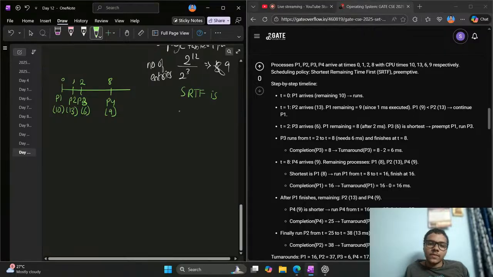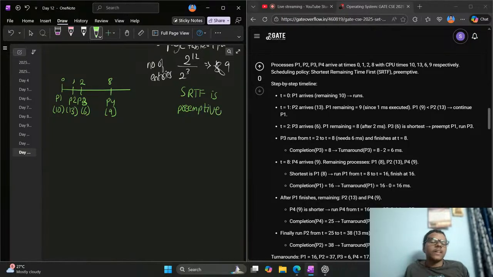SRTF is preemptive, so that means it can make a context switch without the process needing to complete. Even if the process does not complete, you can switch to another process. Okay.